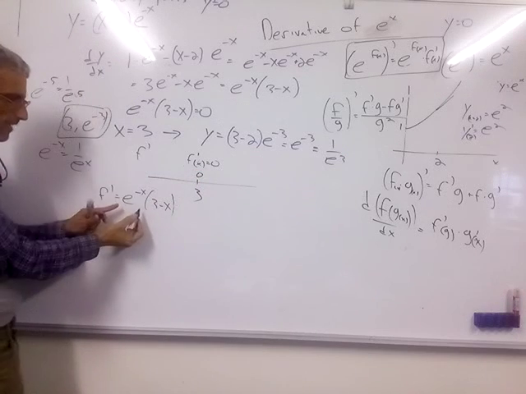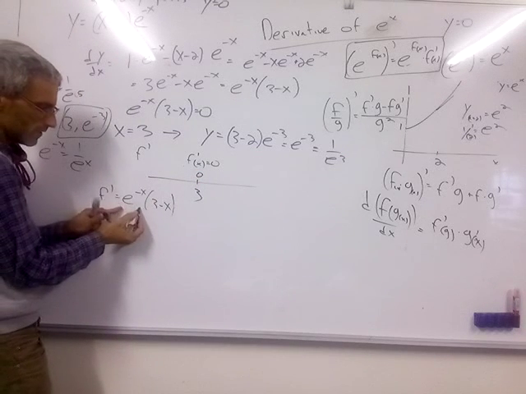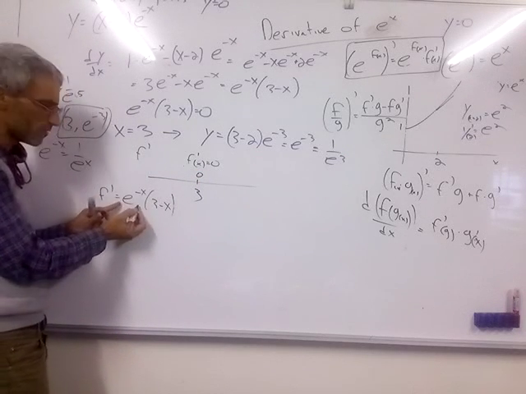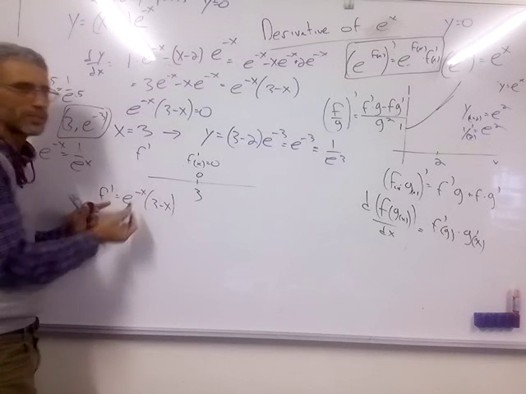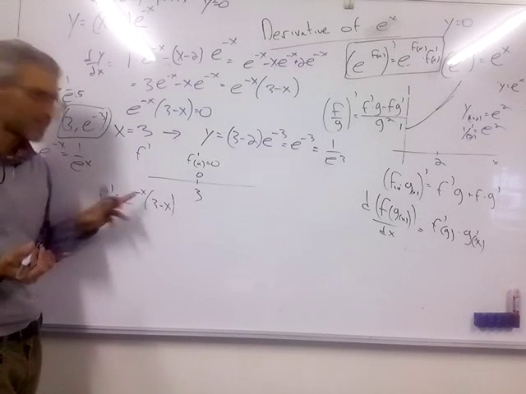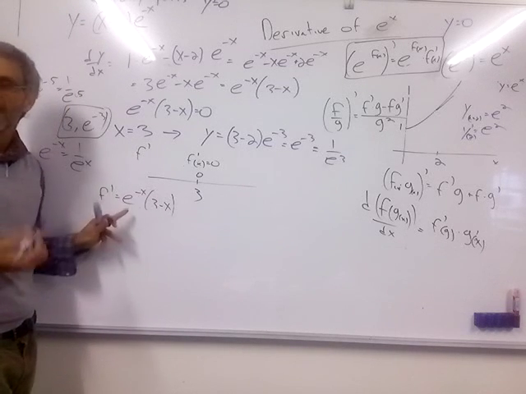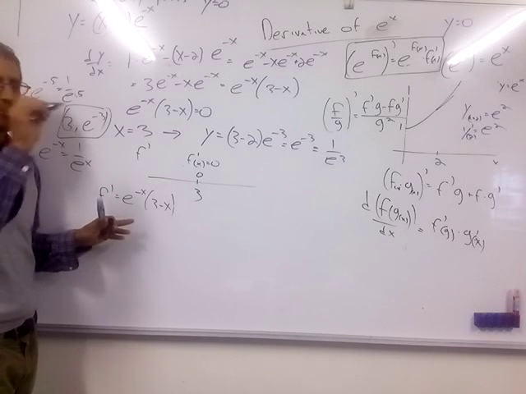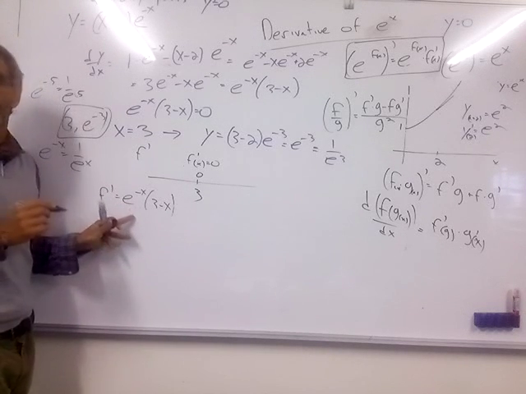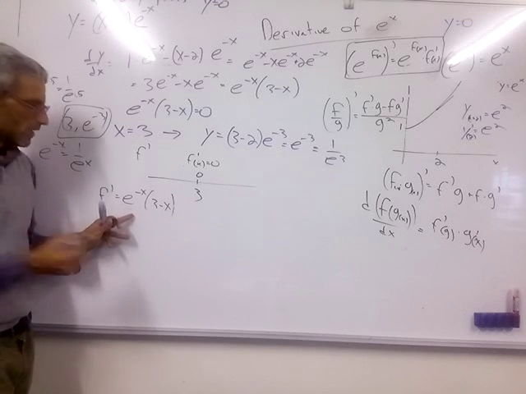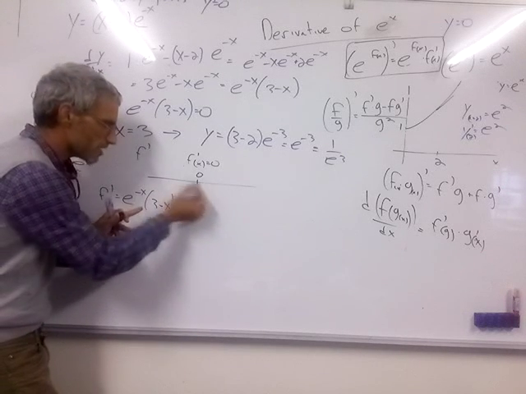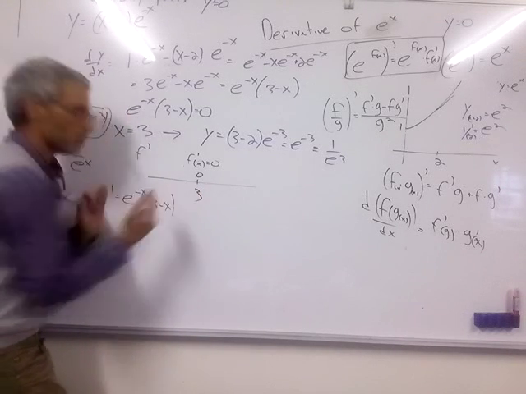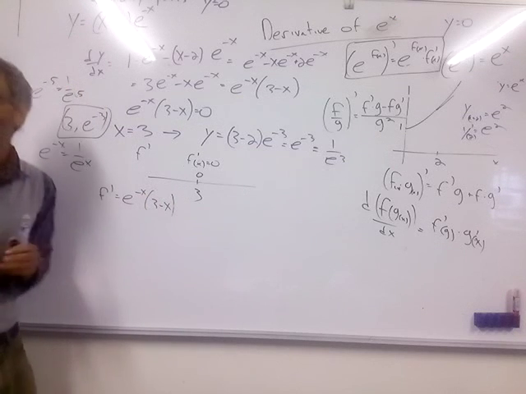Now I can see that the derivative is made of 2 parts. And whatever x you put in the first part, it's always going to be positive. That can never be negative, because it's e to the power of whatever, or 1 divided by e to the power of something. So whether the derivative is positive or negative on either side depends on 3 minus x. And 3 minus x is so easy to find out.